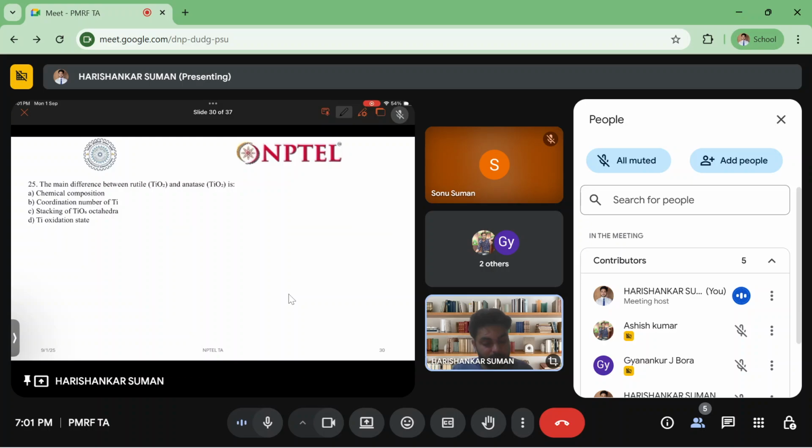The main difference between rutile TiO2 and anatase TiO2 is: different forms of TiO2, the chemical composition, coordination number of Ti, stacking of the TiO6 octahedra, or Ti oxidation state.